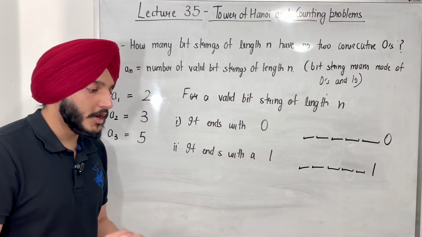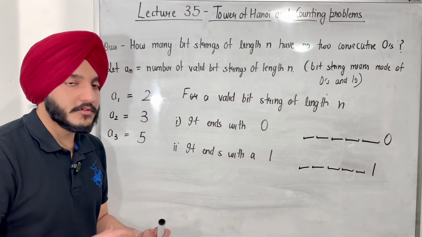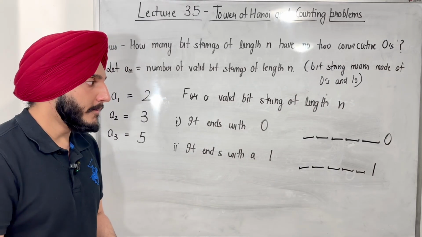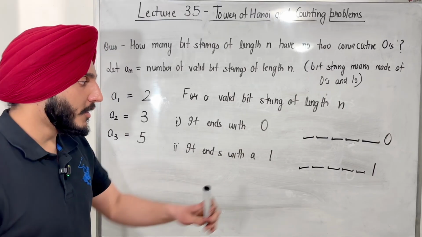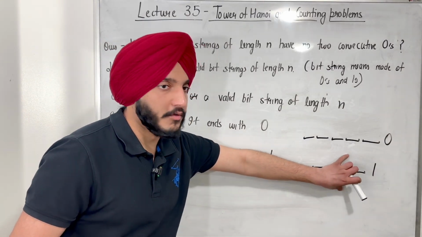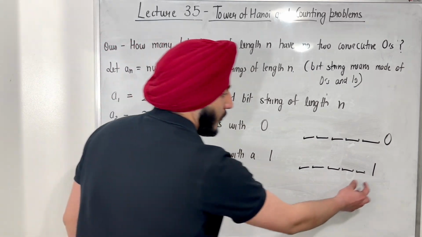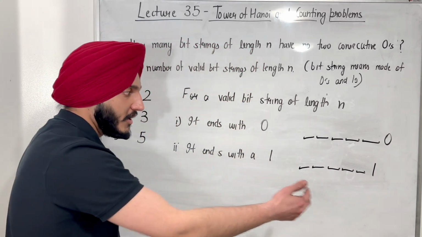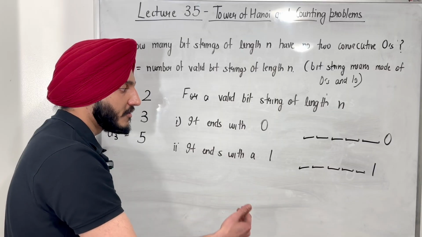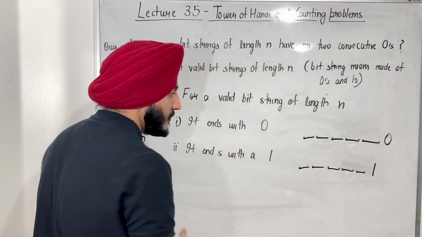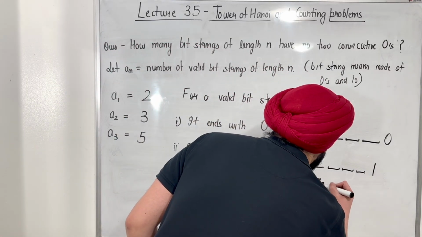Try to pause the video and figure out any ideas you have. Okay, so let me explain the case of 1 first, when the bit string ends with a 1. If a bit string ends with a 1, using recurrence, I can just replace the previous terms with a_(n-1).